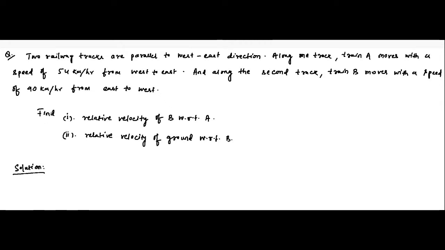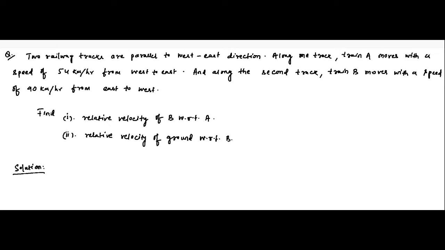Okay, so this is the first question, and it is given that two railway tracks are running parallel along the west east direction. And along one track a train A moves with the speed of 54 kilometer per hour from west to east. The direction is important.